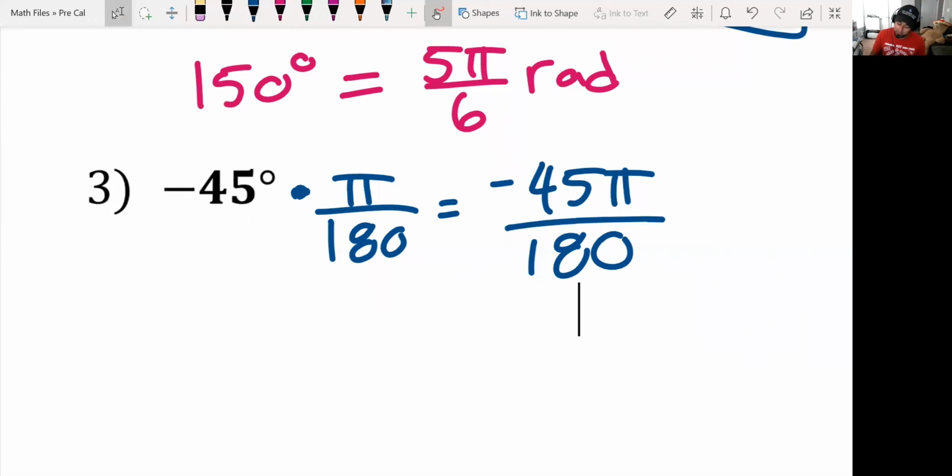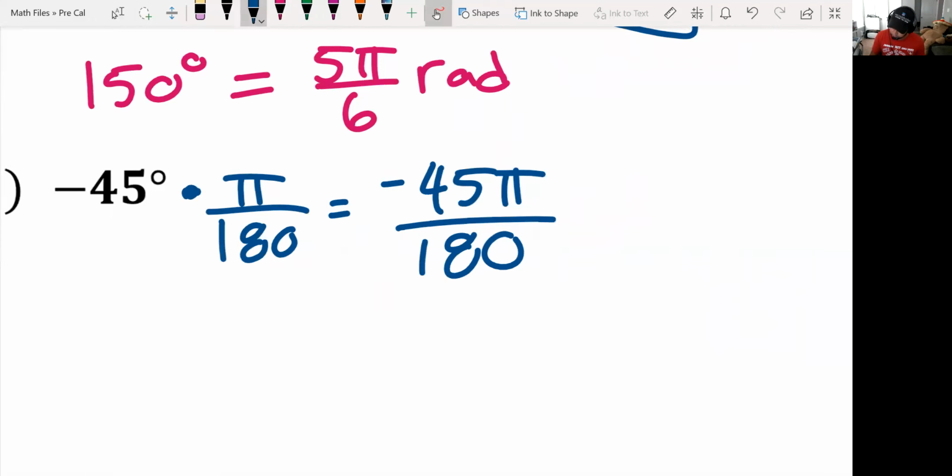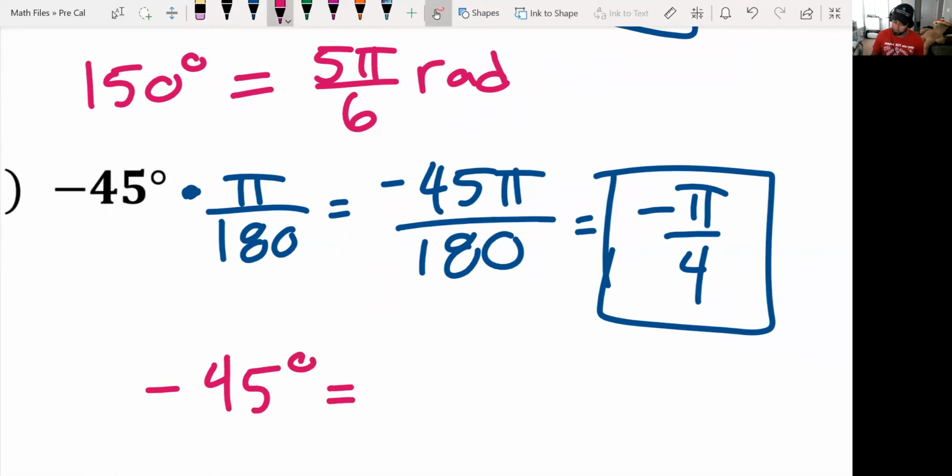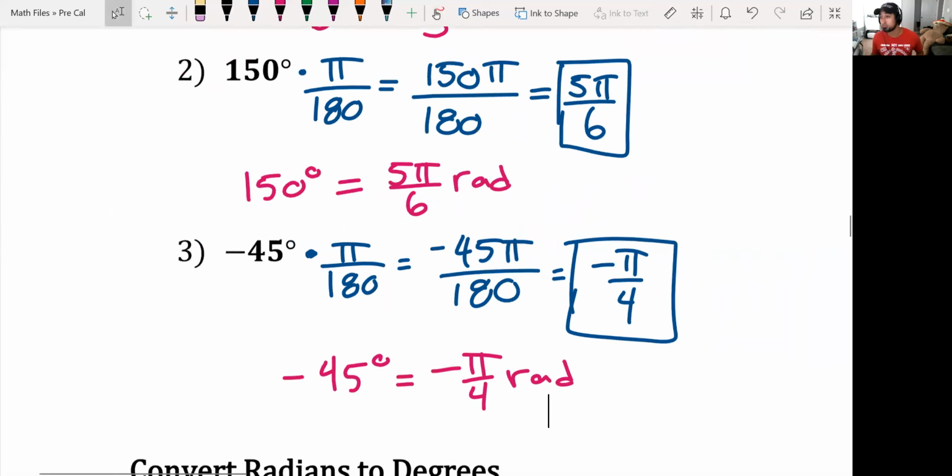So this ends up giving us negative pi over 4. And once again, make the comparison. Negative 45 degrees is the same as negative pi over 4 radians. Okay, so that's going from degrees to radians.